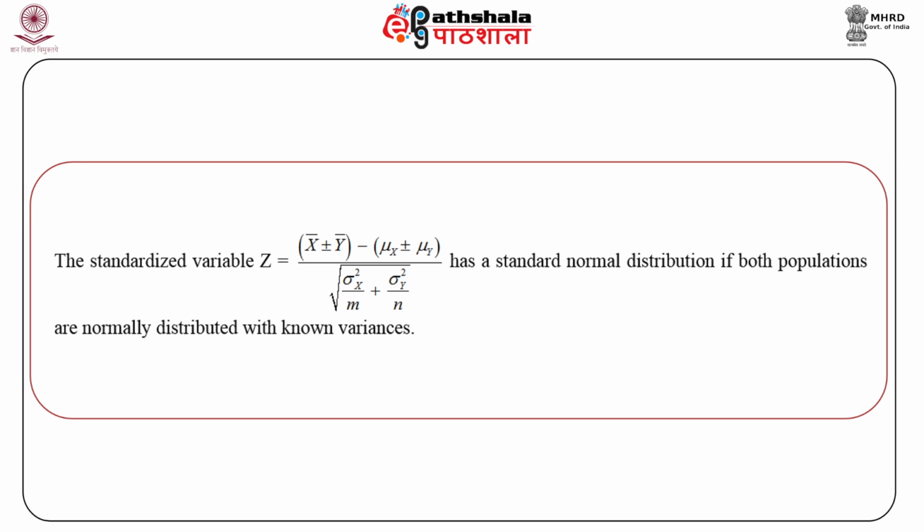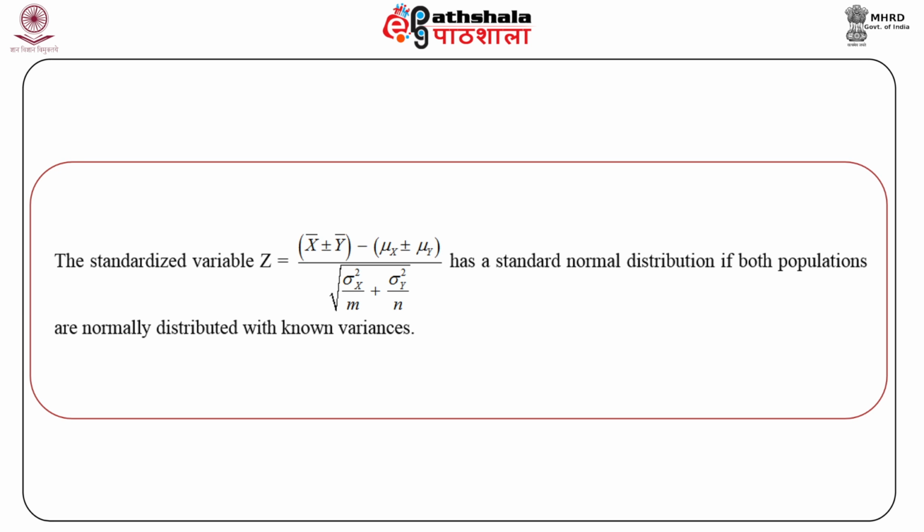The standardized variable z now can be written as, in brackets, x bar plus minus y bar minus, in brackets again, mu x plus minus mu y, divided by the square root of sigma square x by m plus sigma square y by n, which follows a normal distribution if both populations are normally distributed with known variances.